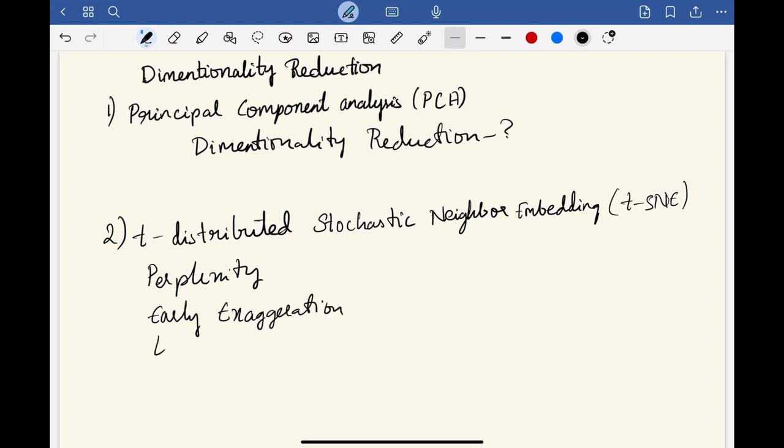Then comes the learning rate, which balances the trade-off between preserving local and global structures, and then the maximum iterations. It limits the optimization process.